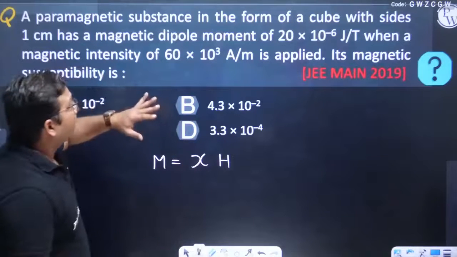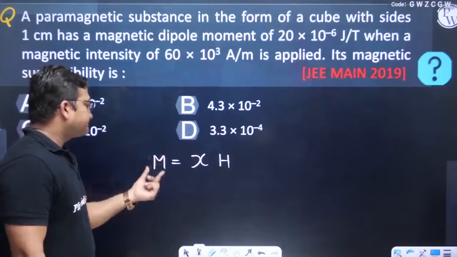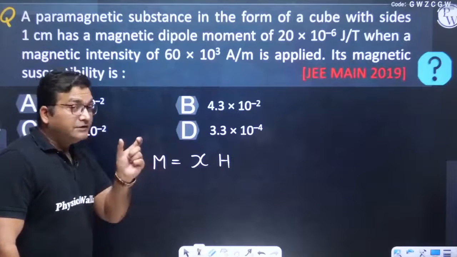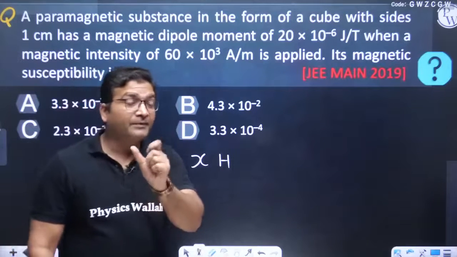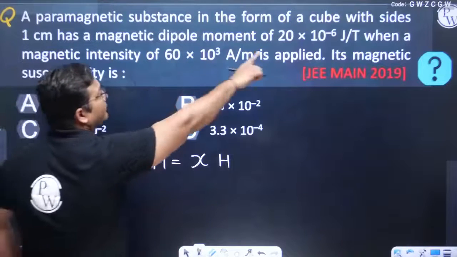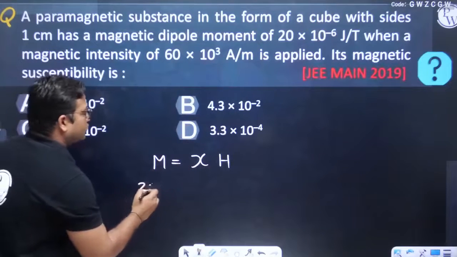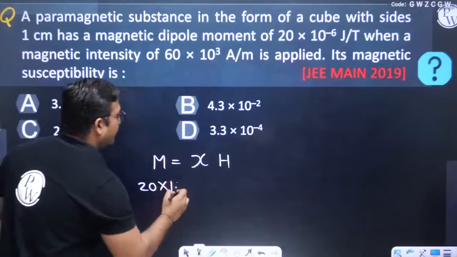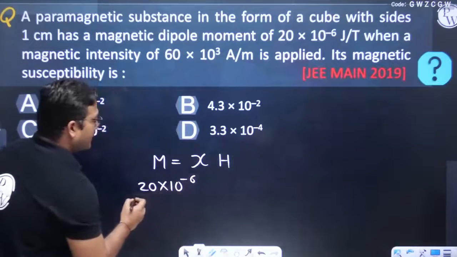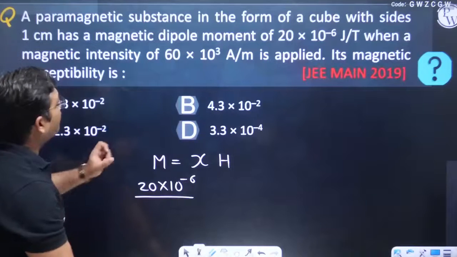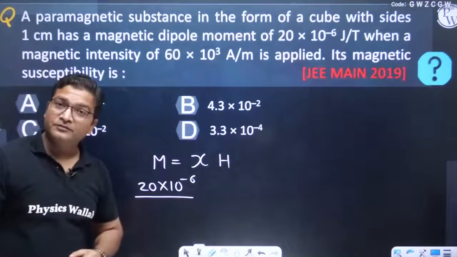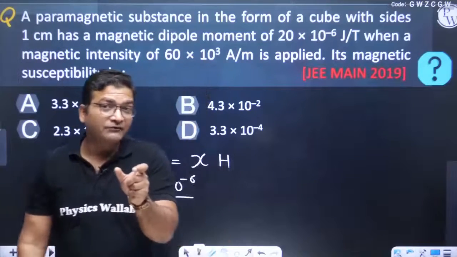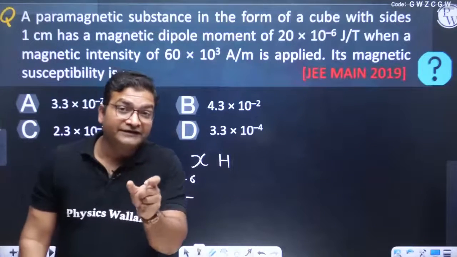As the M vector, or the magnetization, is net dipole moment divided by volume, we have the net dipole moment as 20 times 10 to the power minus 6, divided by volume. As the cube's edges are 1 centimeter, the volume will be 1 centimeter cube.